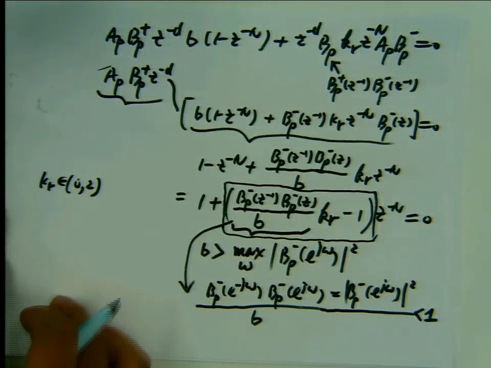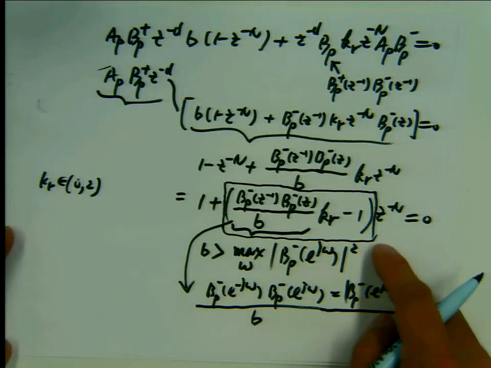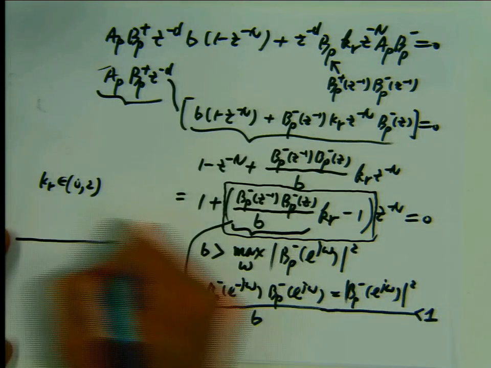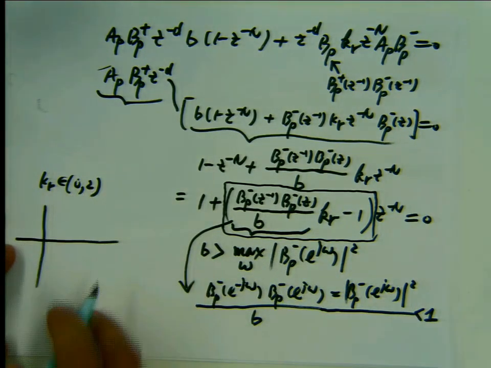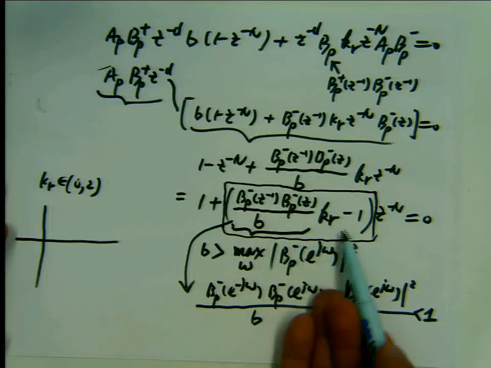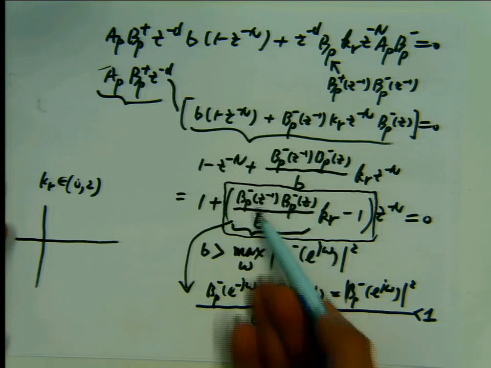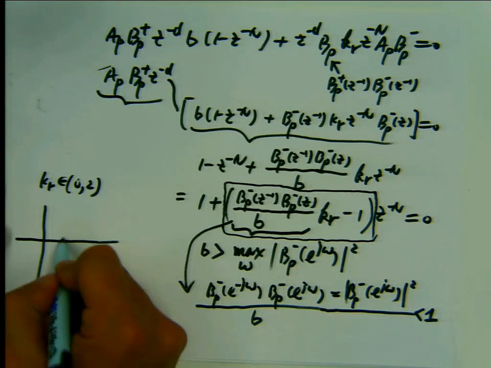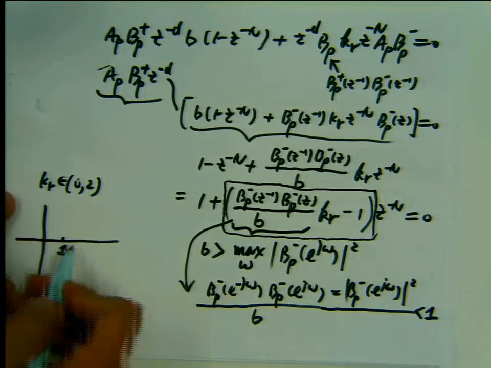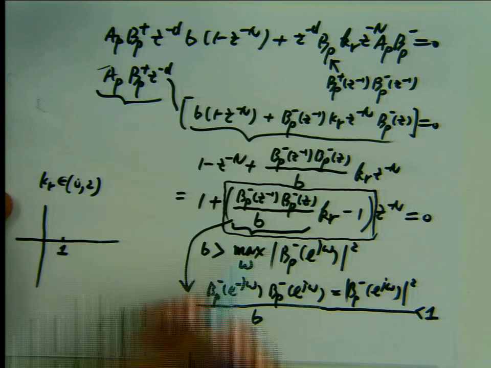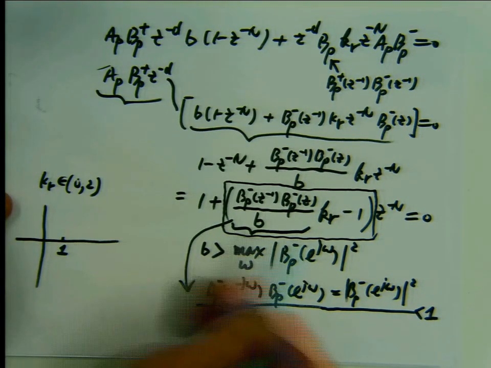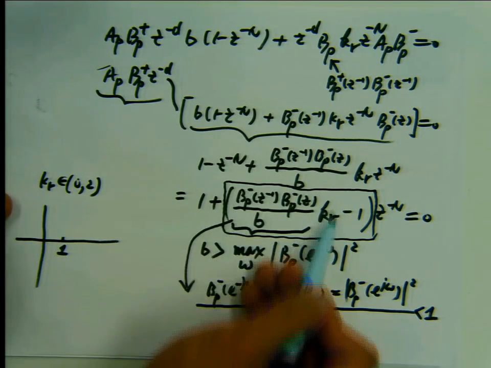I think it's probably going to be very convenient to draw a picture. Let's see. So this term is something minus 1. So it's a vector that's going to be some number minus 1. And this number itself, what's the magnitude range of this number?